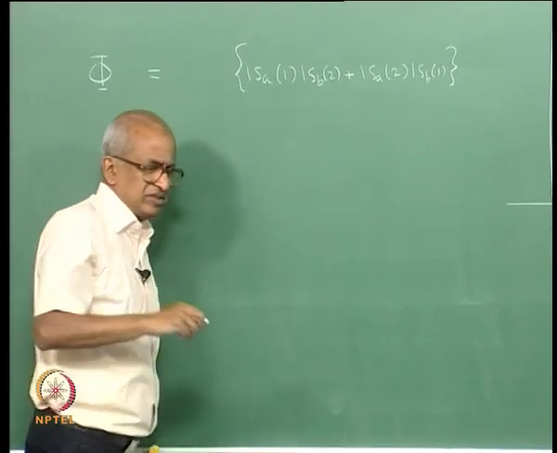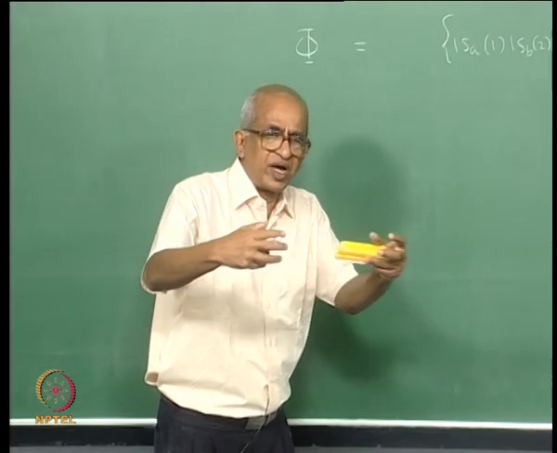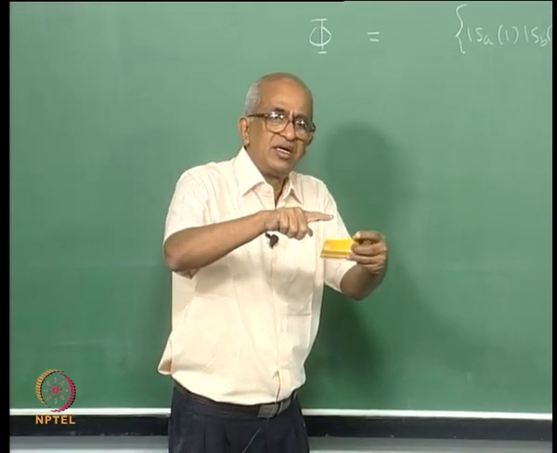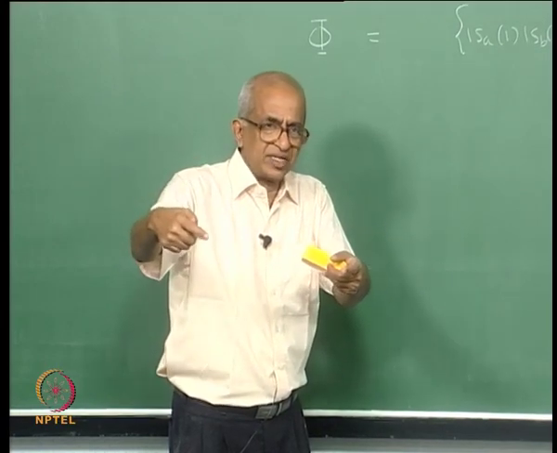This is just similar to what happened in the case of H2 plus. In H2 plus I had two atomic orbitals, and they added together with a positive sign, or they added together with one of them having a negative sign.